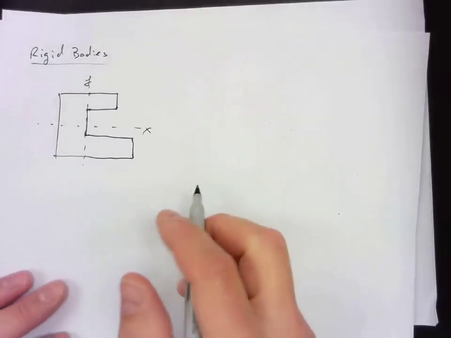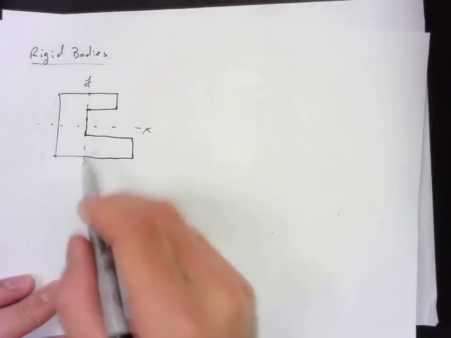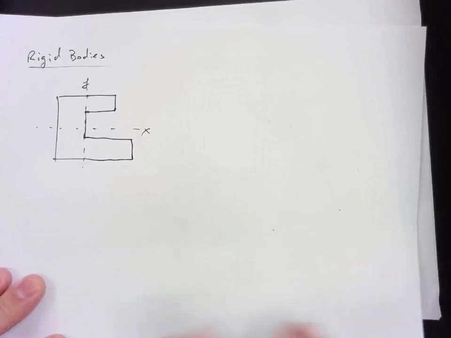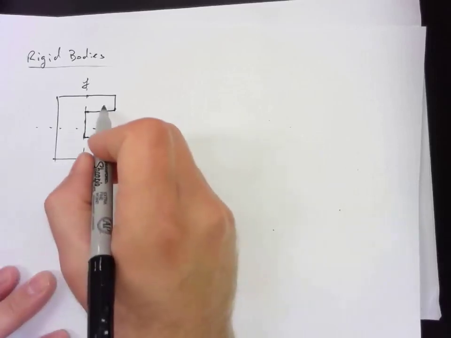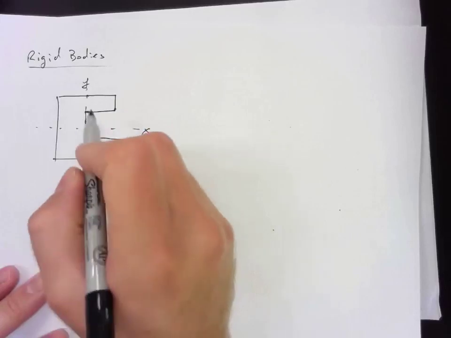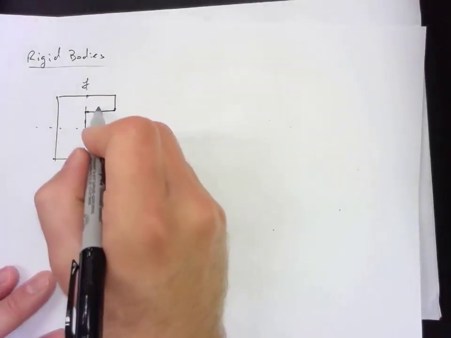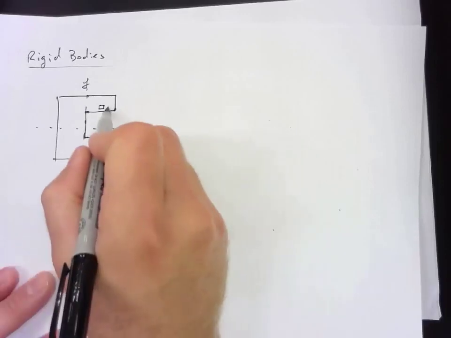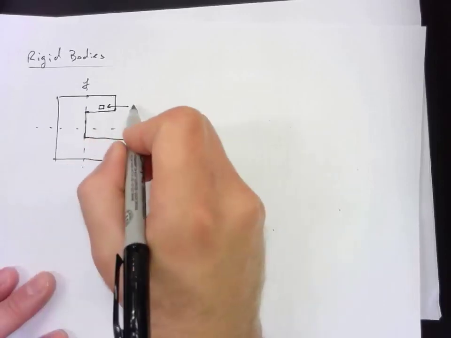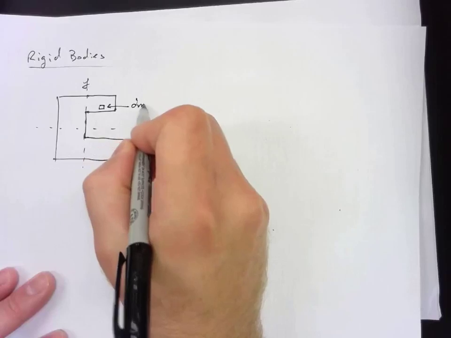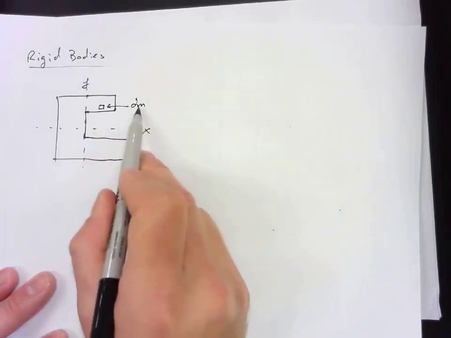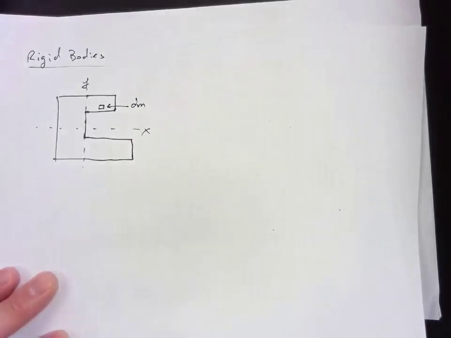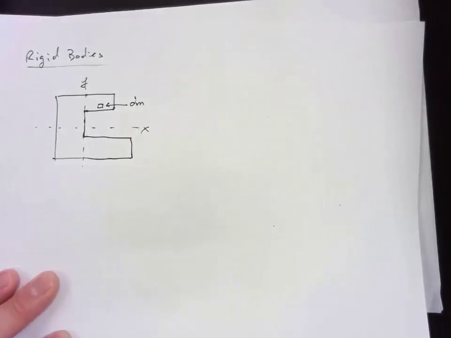All right, so there's an infinite number of particles in there, okay? So if we try to take one of those infinitely small sections of mass, we would call it dm. So that's the infinitely small amount of mass that is contained at any location, down to the single particle.